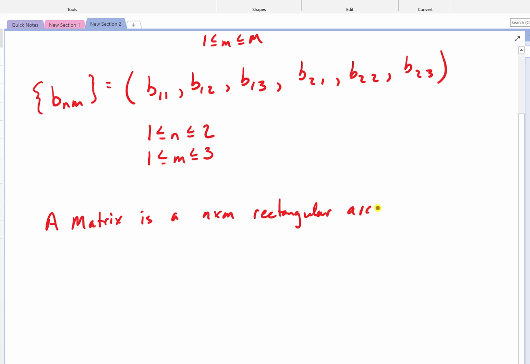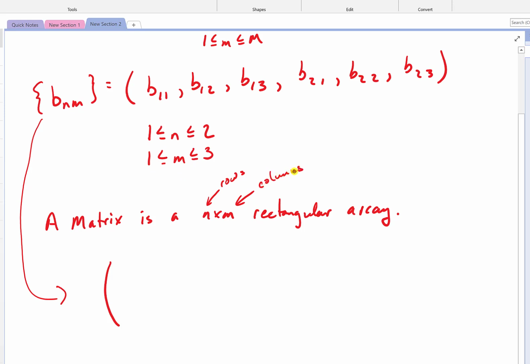And what do we mean by that? Well, maybe it's easiest to show it. Let's take a look at this matrix that we did before, and let's arrange it as a rectangular array. So we're going to have a total of 2 rows. In fact the first dimension listed is the number of rows, and the second dimension listed is the number of columns.